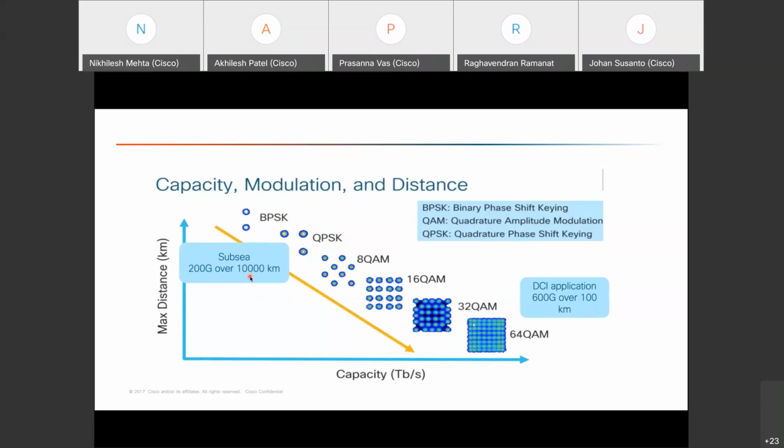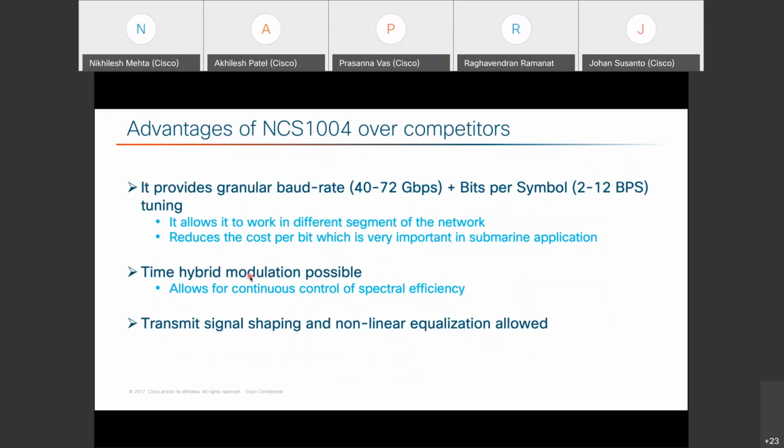Depending on what application you need the box for, you can tweak different parameters and use it. Now, what are the advantages of using the NCS 1004 over the competitors? We have different boxes from Ciena, Infinera, Nokia, but how NCS 1004 is making the difference is it provides granular baud rate.